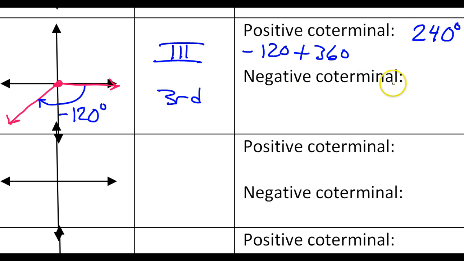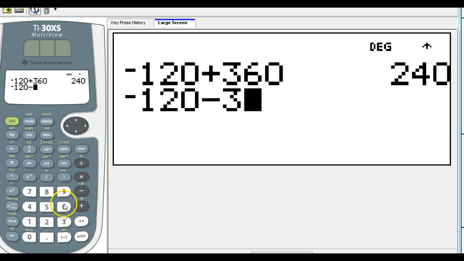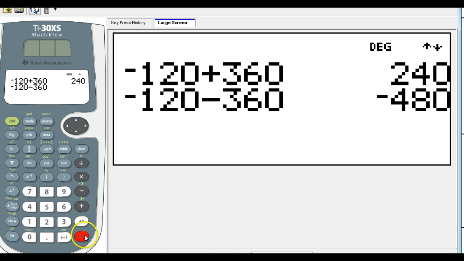If I want a negative coterminal angle, I could do negative 120 minus 360. That's negative 480.